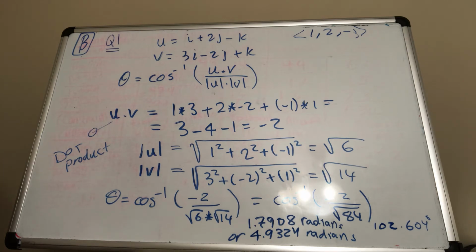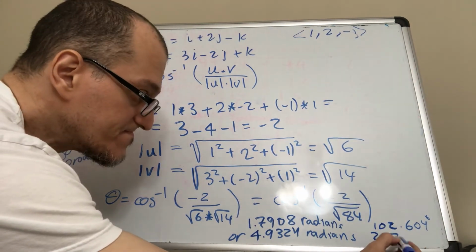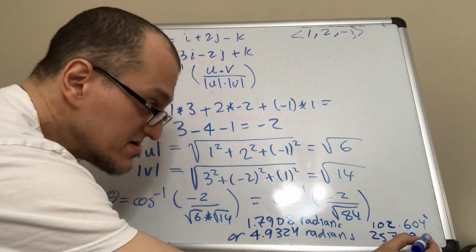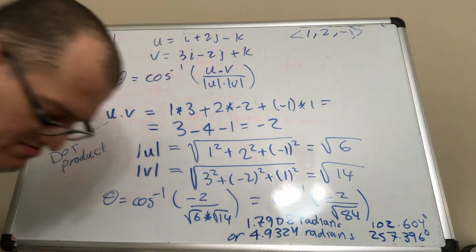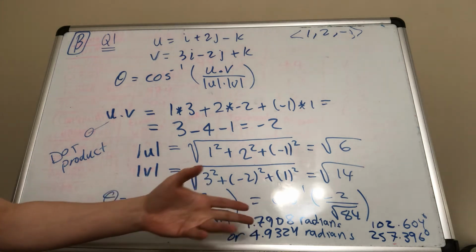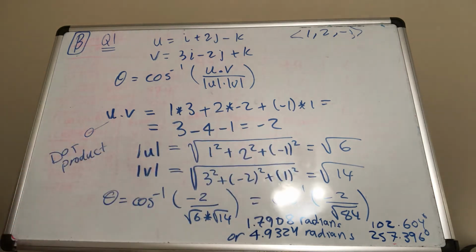And if you want the other one, it would be 257.396 degrees about. These are the two angles that are equivalent to the radians. But I think he's expecting you probably just to do the first one, not both.